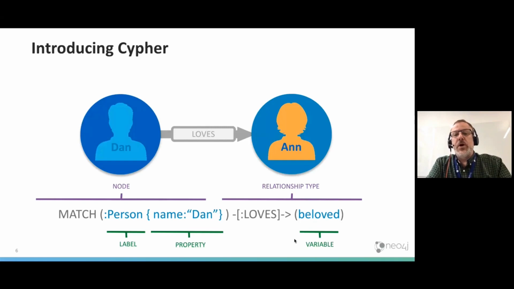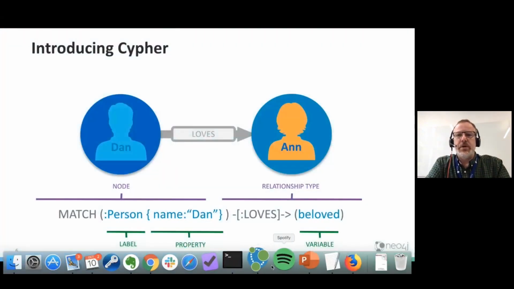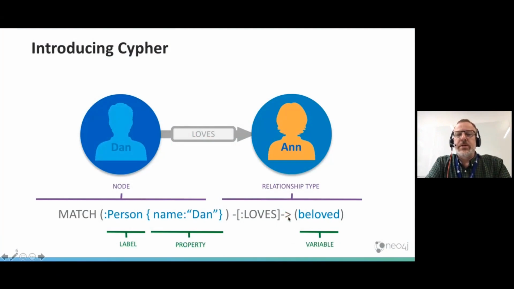I mentioned before that we can ignore the direction at query time. So if we wanted to see who loves Dan, we could move the greater than sign and put it over here as a less than sign, and that way you would change the direction of the relationship to see who it is who loves Dan. And if you wanted to see in both directions, both who Dan loves and who loves Dan, you could just get rid of the greater than altogether.